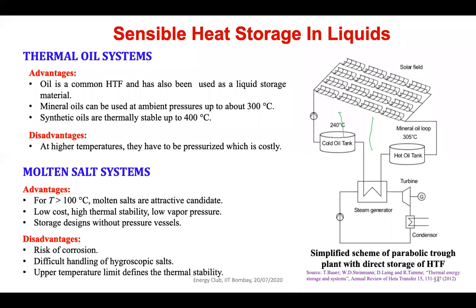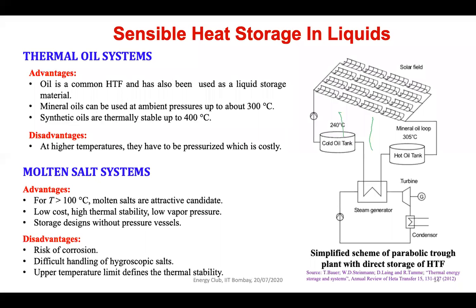So molten salt has many disadvantages, in the sense these are basically chloride based salts, or nitrate based salts. These are very corrosive in nature, and because of this, the container has to be well protected. The material is in question now.